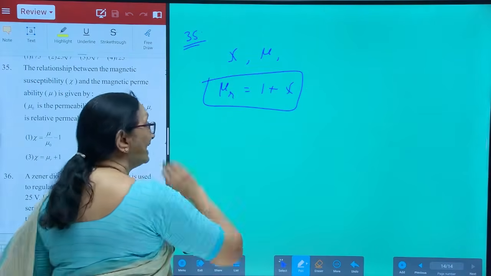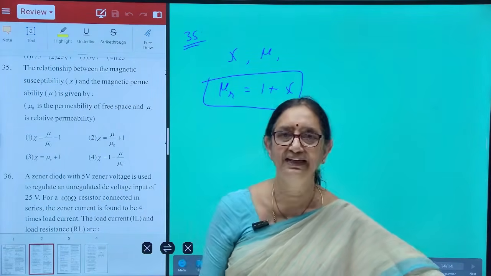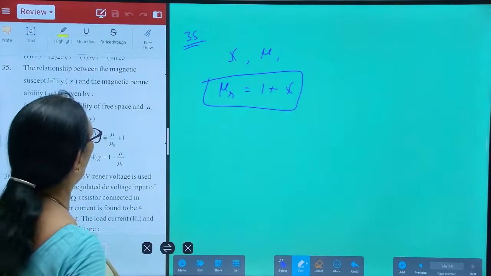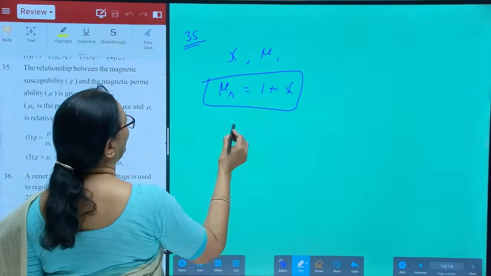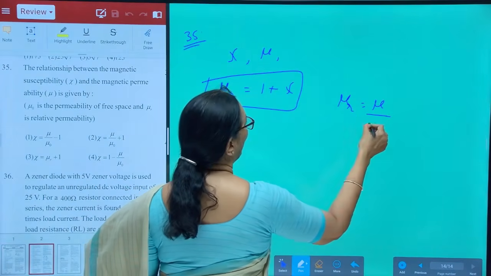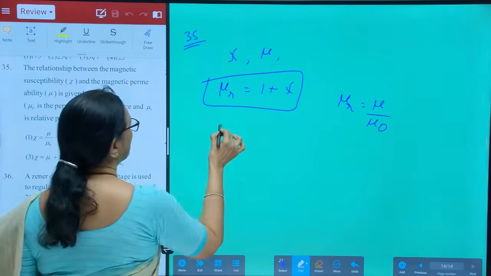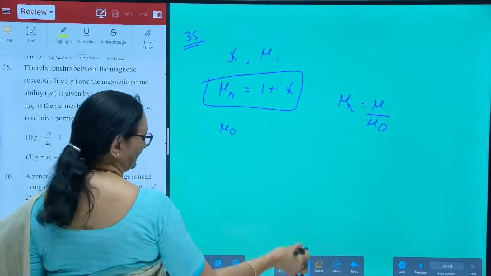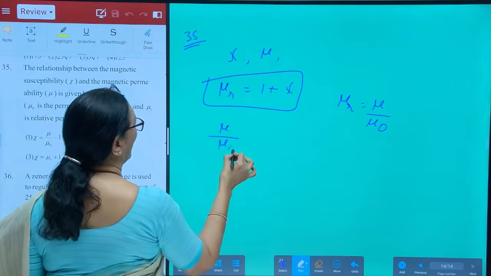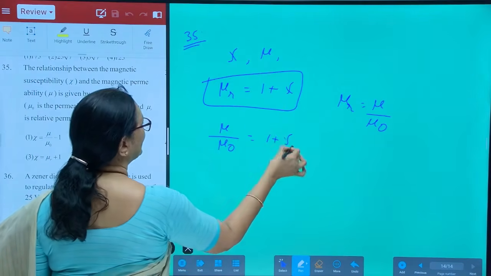We have derived this equation actually in our regular classes. So here, if you look at the options, mu r is not given. So mu r is equal to mu by mu naught. So mu by mu naught is equal to 1 plus Xi.